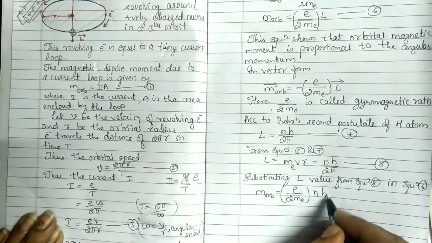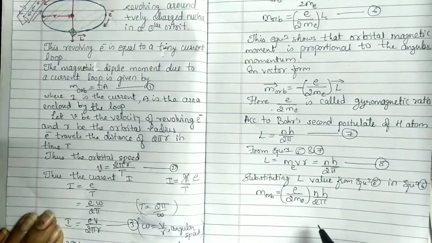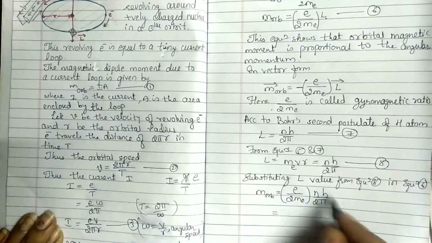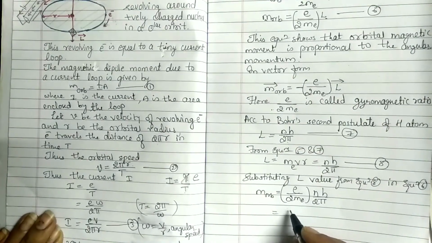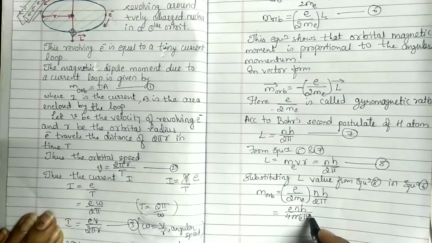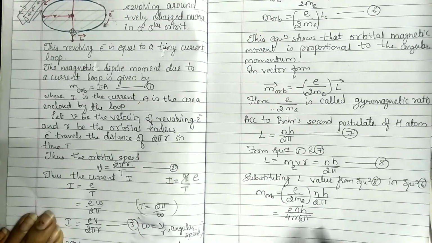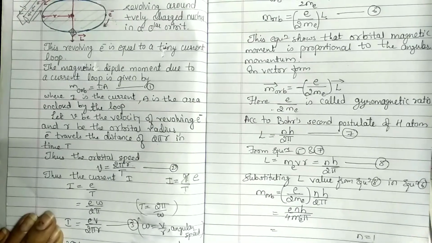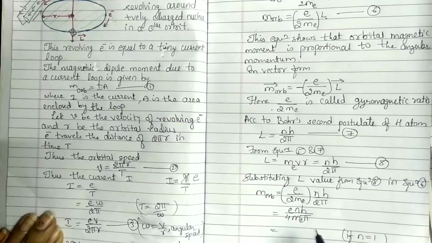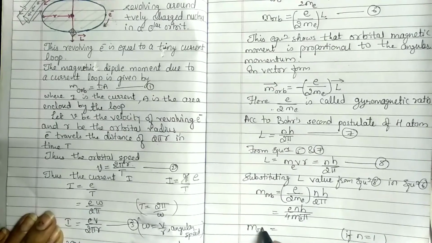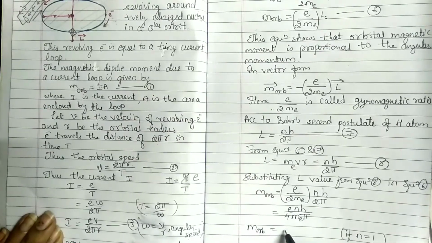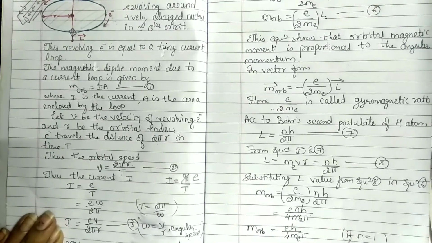It is nh by 2 pi. So if you combine the factors, you get Enh by 4 me pi. If n becomes 1, that is for the first orbit, m orbital will be reduced to Eh by 4 me pi.